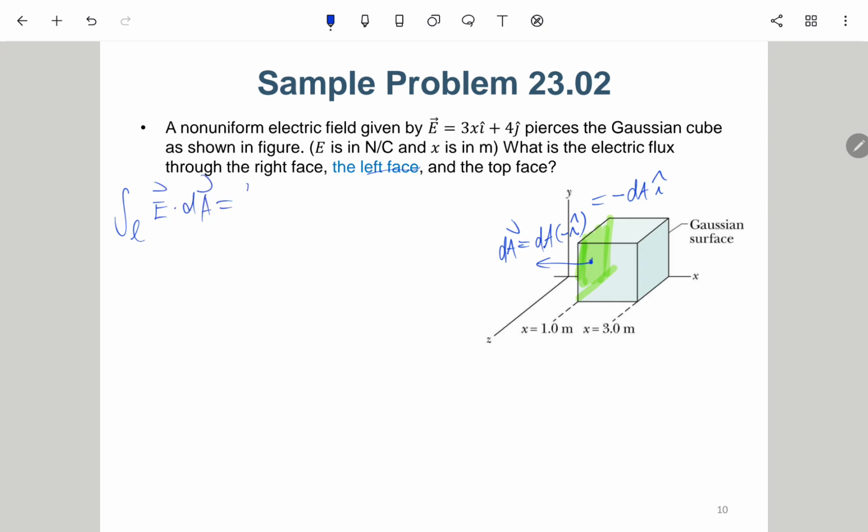Here we have the integration over L of 3x i hat plus 4j dotted with negative dA i hat. Similarly, i hat dot i hat will be 1, and j hat dot i hat will be 0. So we have the integration over L of negative 3x dA.